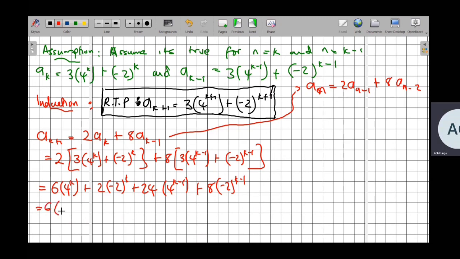So we're going to get 4 to the power of k here, 6 times 4^k. Then what else do we have?